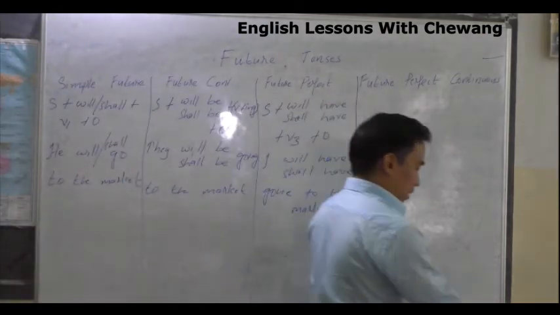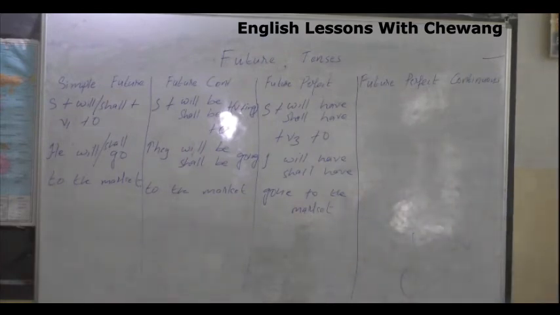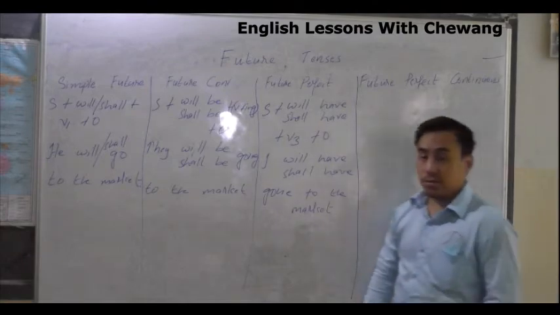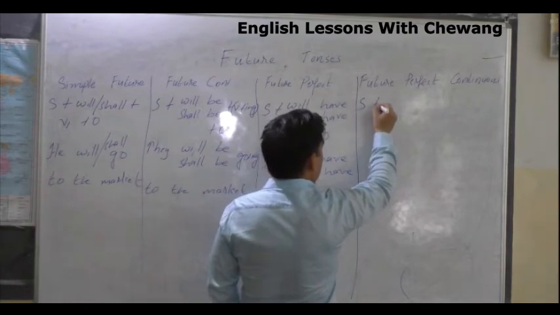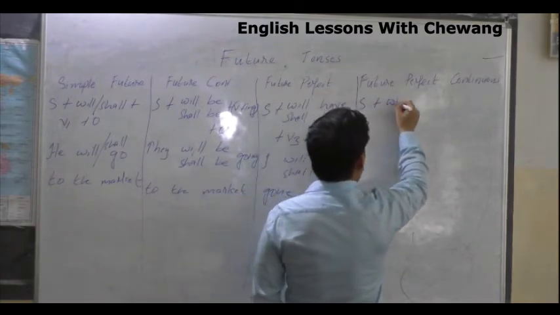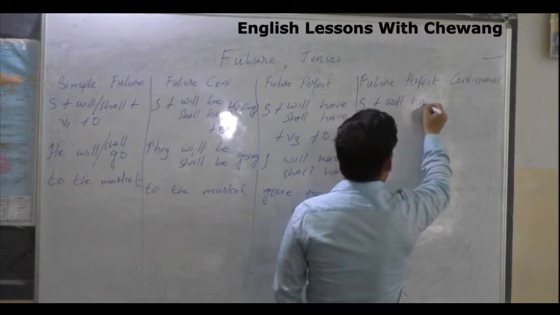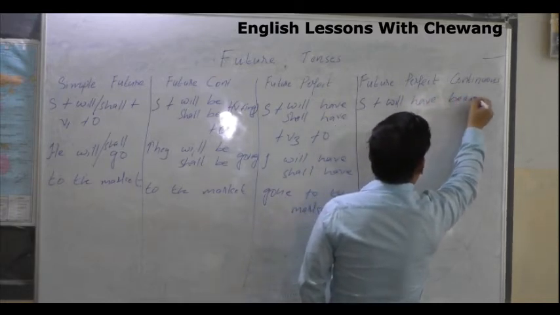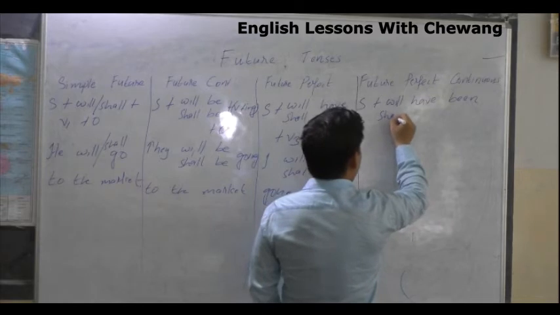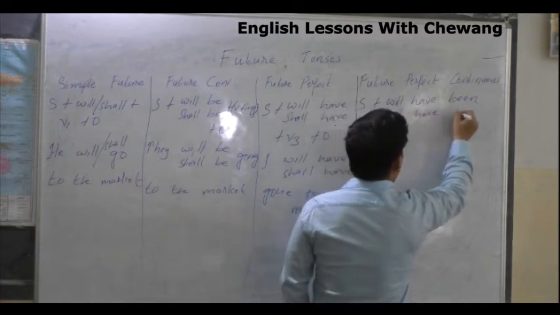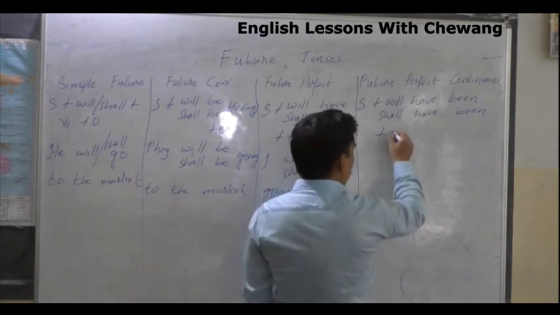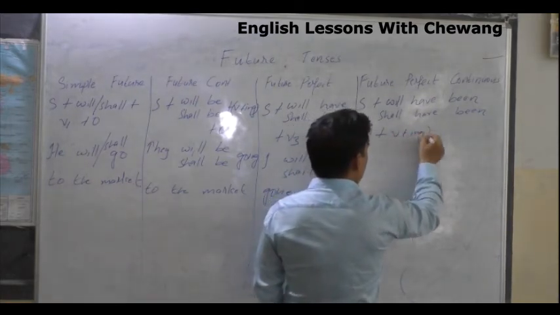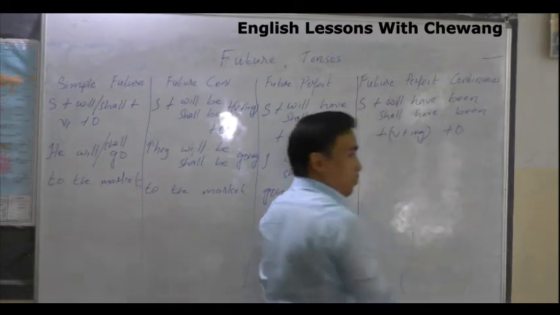Now future perfect continuous. Future perfect continuous. Subject plus will have been or shall have been plus verb in ing plus object.